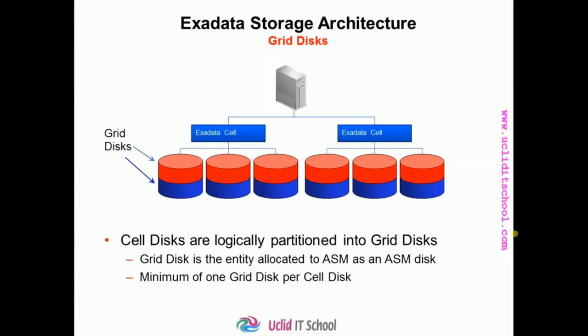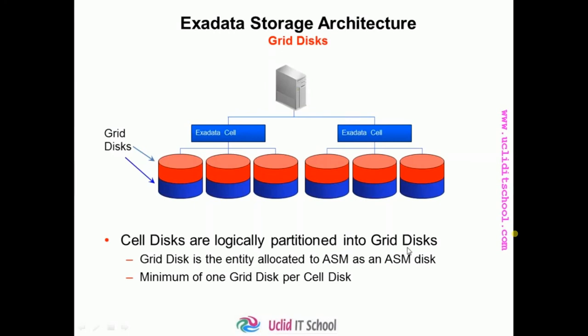Red portion is one grid disk, blue portion is another grid disk. So on every disk and on every cell, this is done. Cell disks are logically partitioned into grid disks.